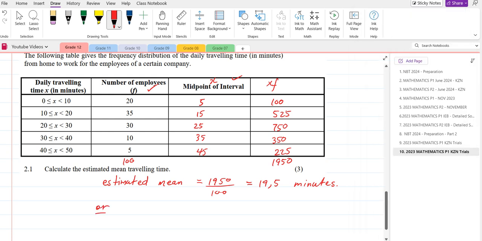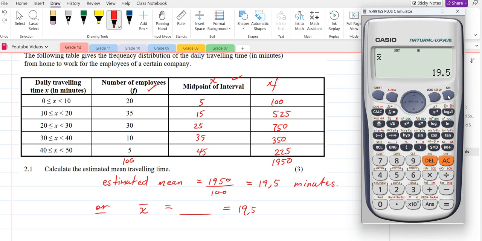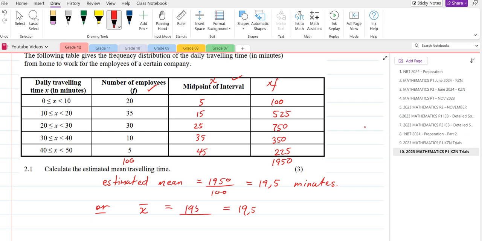x̄ is equal to 19,5. Now let me show you how to get this 1950 and 100. So if you put your calculator on, press shift 1, if you go to sum, which is 3, if you go to option number 2, that will give you the sum of all the values, 1950.